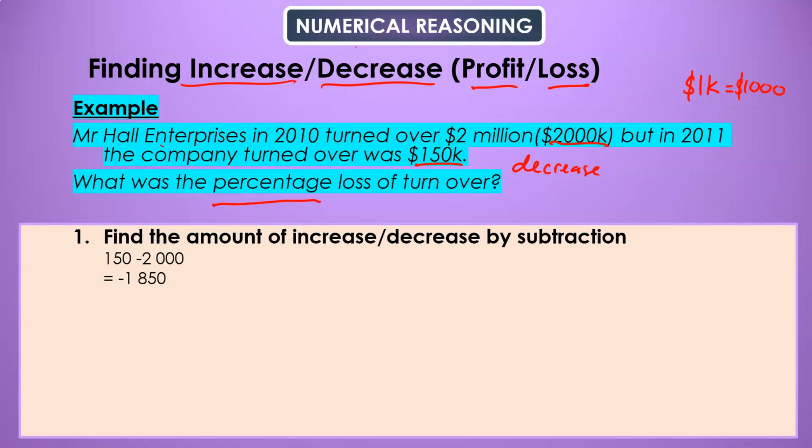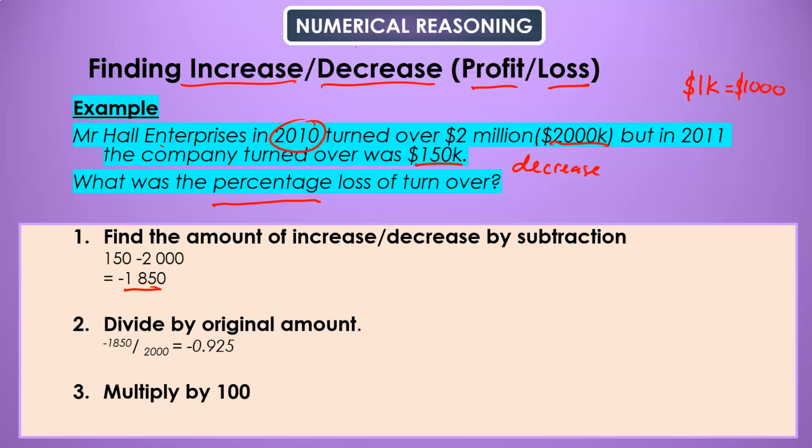Once you've worked out the difference of the two numbers, you divide by the original amount. This is where it is really important to choose the right one. 2010 was the earliest value, so it's the 2,000 we divide by. So the number from part 1 divided by 2,000 gives us minus 0.925.